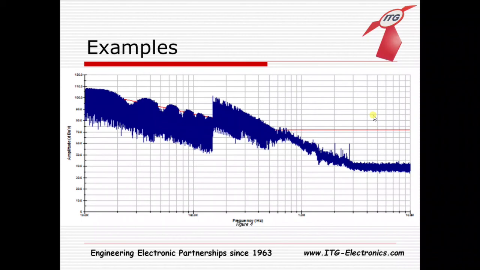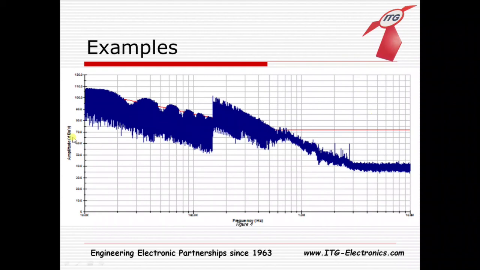So here's a real-life reading from a Mil Standard 461 test. This is the CE 102 conducted emissions test. And basically in the background, you can see a red line. So that's the maximum noise that's allowable by this test. So all this blue, all the signal has to be below that red line in order for it to pass.